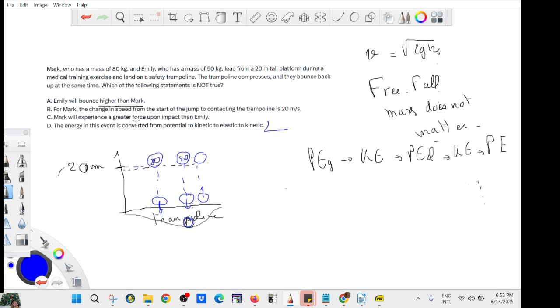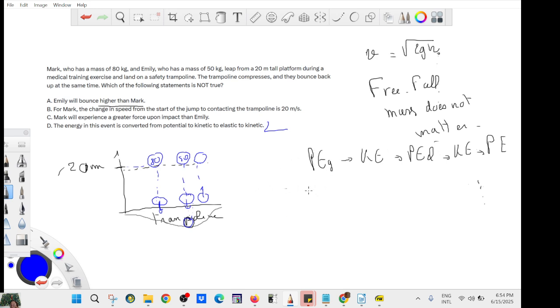Mark will experience a greater force upon impact than Emily. So what's going to happen when they both hit the trampoline? First of all, they're going to both hit the trampoline with the same speed, right? That's because of free fall.